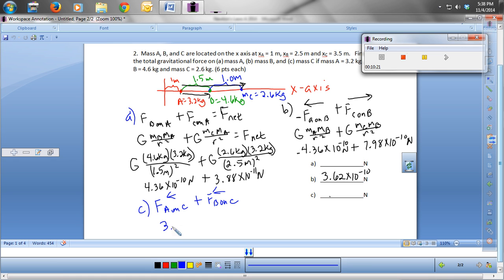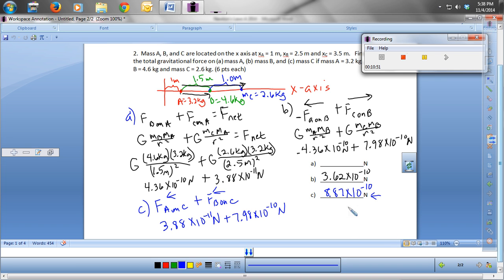So 3.88 times 10 to the minus 11th newtons. And then we found the force of B on C was 7.98 times 10 to the minus 10 newtons. So I will add those because they're in the same direction. Both of them are to the left. And when I did that, I got 8.87 times 10 to the minus 10, and it's to the left. You don't have to tell me that, but it is to the left.